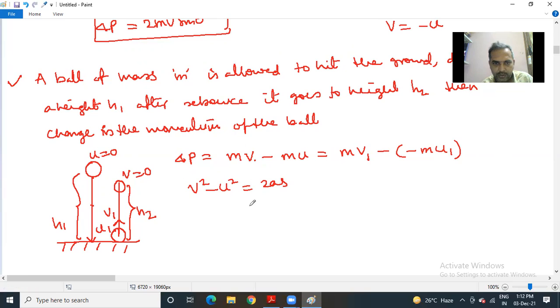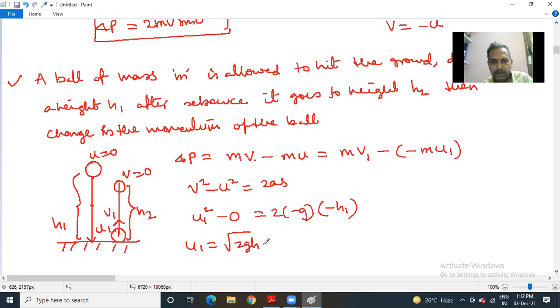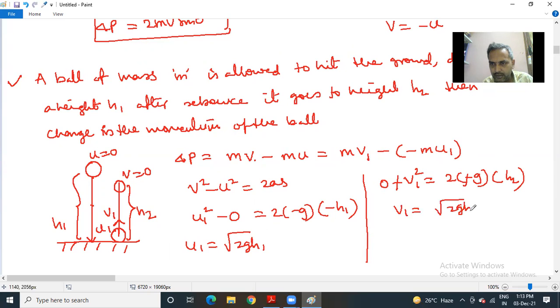For the displacement h1, initial velocity is 0, and final velocity u1 is, since it is coming downward, moving under gravity, minus g, and h1 also negative, so u1 will be equal to root of 2g h1. Similarly, while going upwards for the displacement h2, final velocity is 0, initial velocity is v1, moving against gravity, and h2 is positive. So minus minus cancel, and v1 is equal to root of 2g h2.